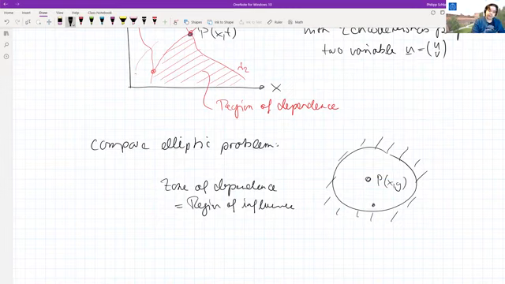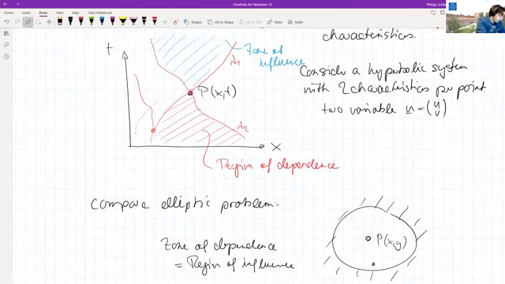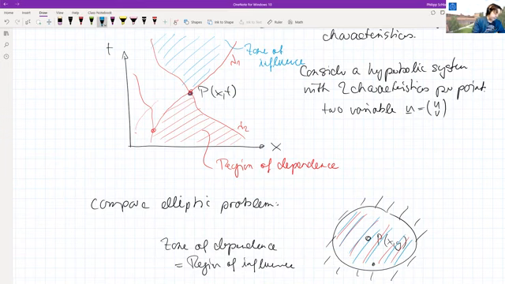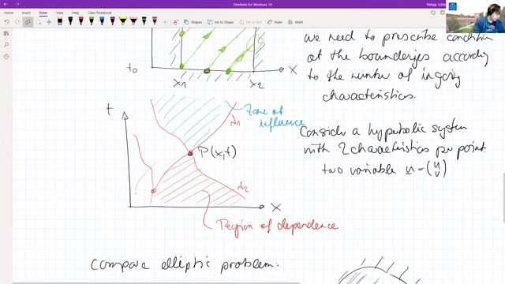Conceptually, I can do it in the same color, so that you directly see that the two regions in the elliptic problem are the same, whereas in the hyperbolic problem, these two regions are separated. And I guess this in an intuitive way explains the big differences between elliptic and hyperbolic problems.